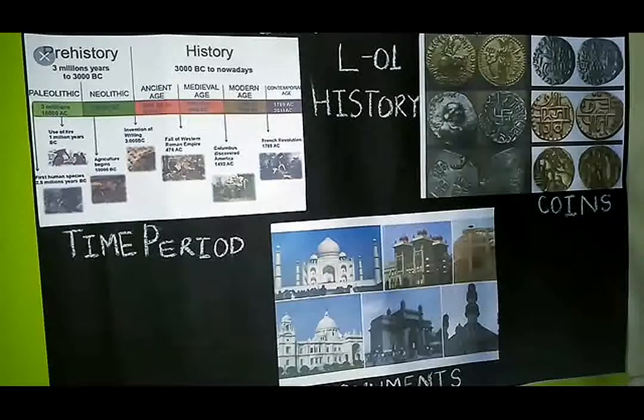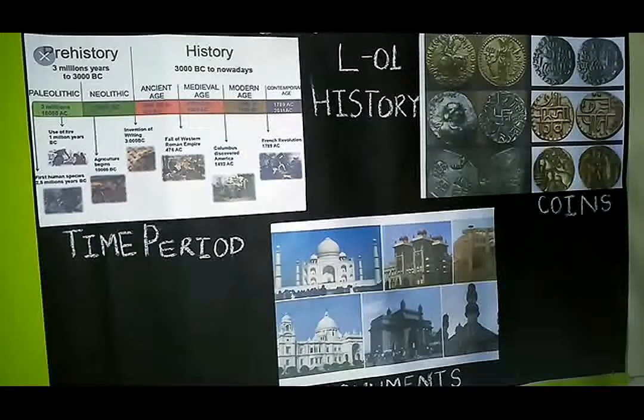Now we will discuss who is a historian. A person who studies and writes about the past and is considered an authority on it is known as a historian. What are the sources of history? Sources are the things that help us to learn about the past events and people. There are two kinds of sources.